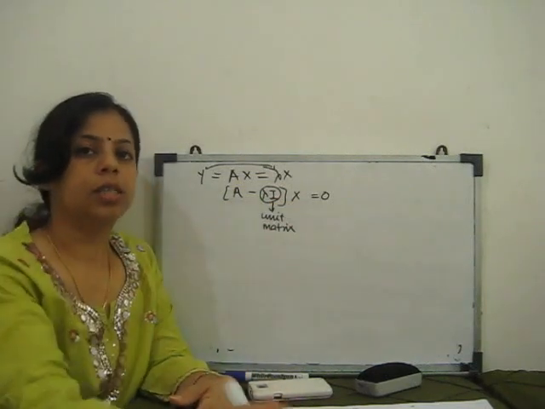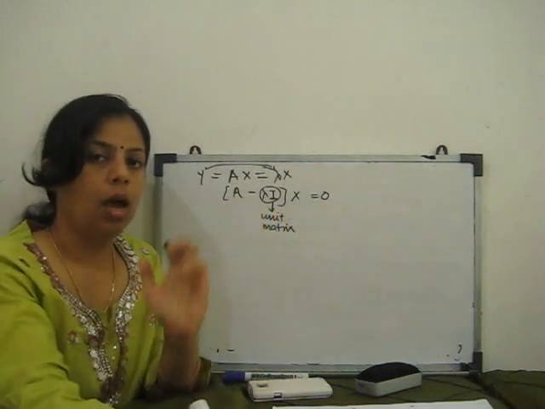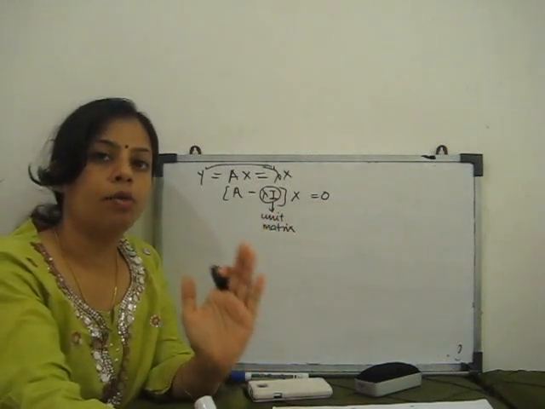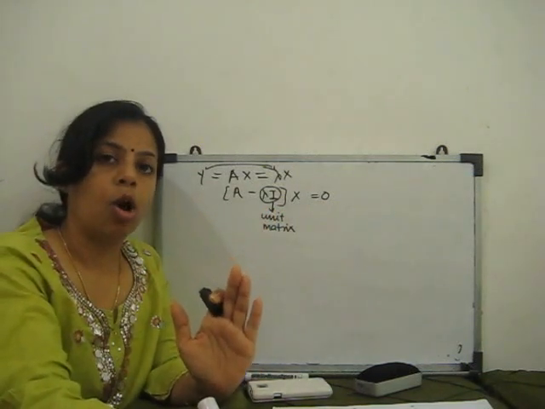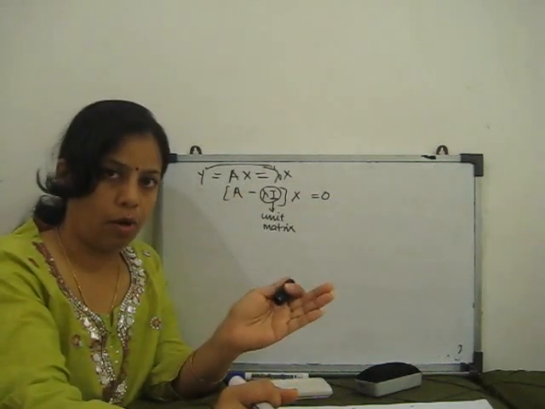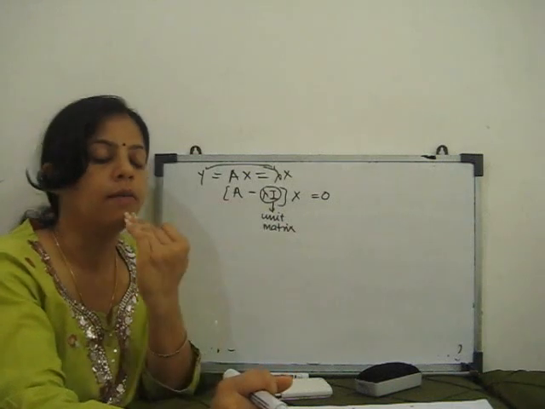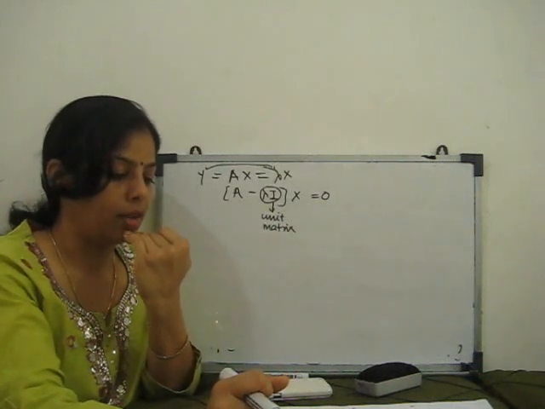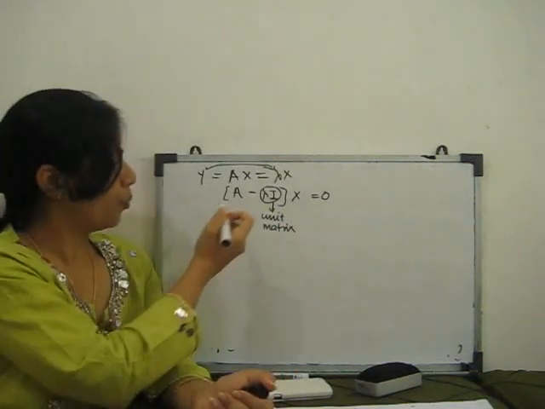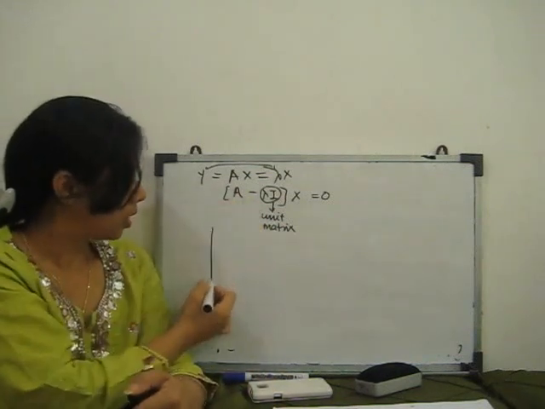So this is a system of n homogeneous equations. Always remember, we talk about the square matrix only. If the number of rows and number of columns are equal, then only we can find the values of eigenvalues and vectors.